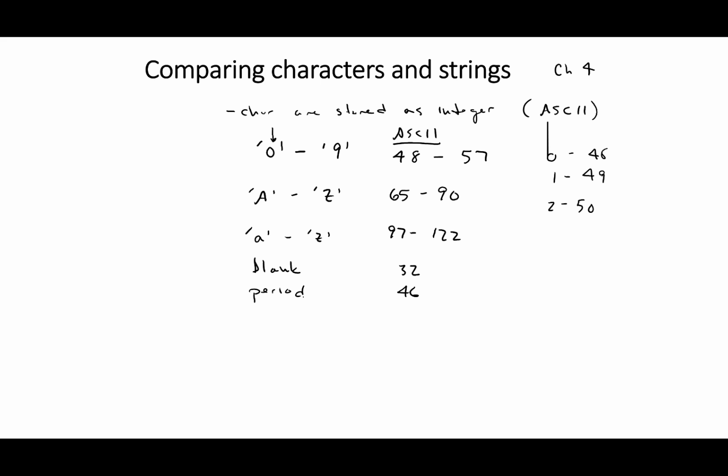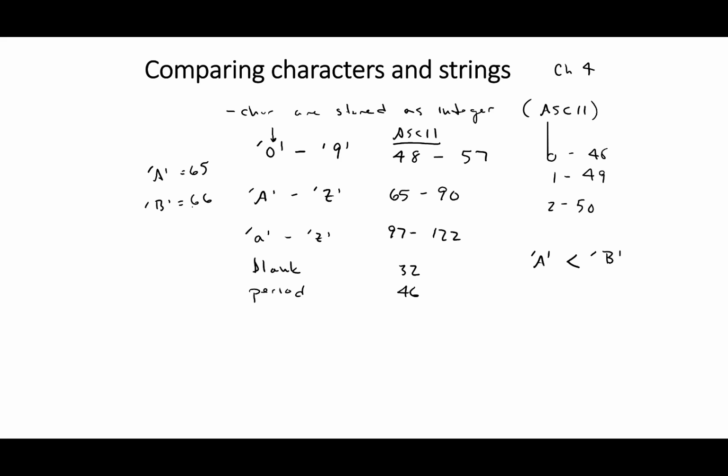Going back to our conditional operators, we could say something like: is 'A', and this is the character, less than 'B'? What this is comparing is that in ASCII, A is equal to 65 and B is equal to 66.